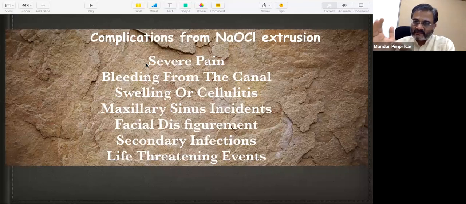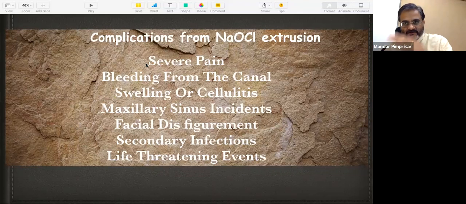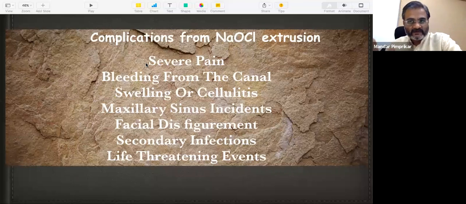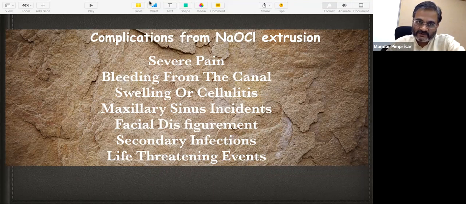I am also in the process of designing a special irrigation syringe with a thumb ring, where you literally have control over aspiration and injection, combined with the new tip which I showed you. So use a palm grip, don't use the thumb grip. That way you can prevent forceful irrigation into the periradicular tissues.